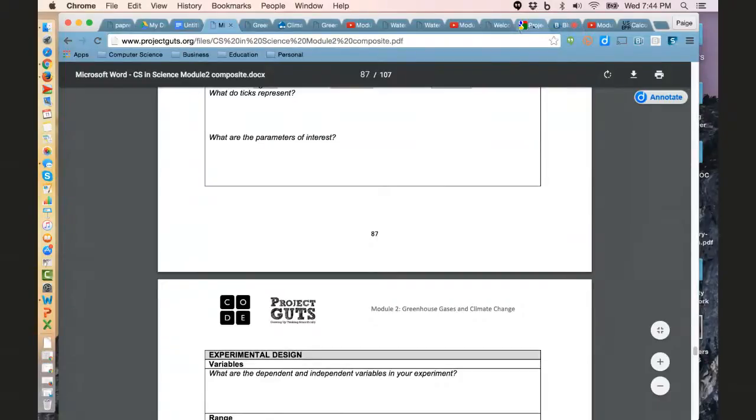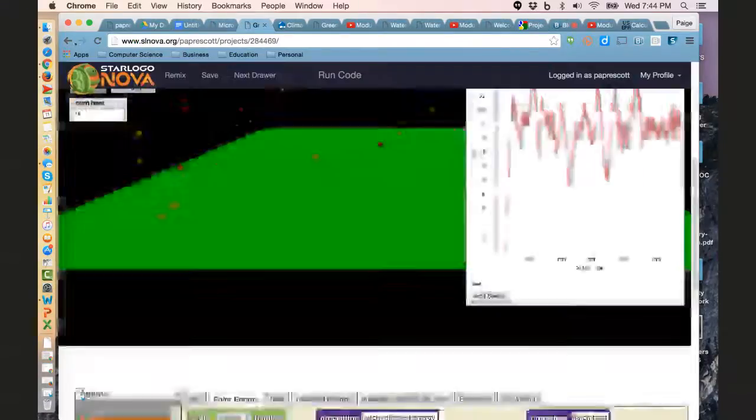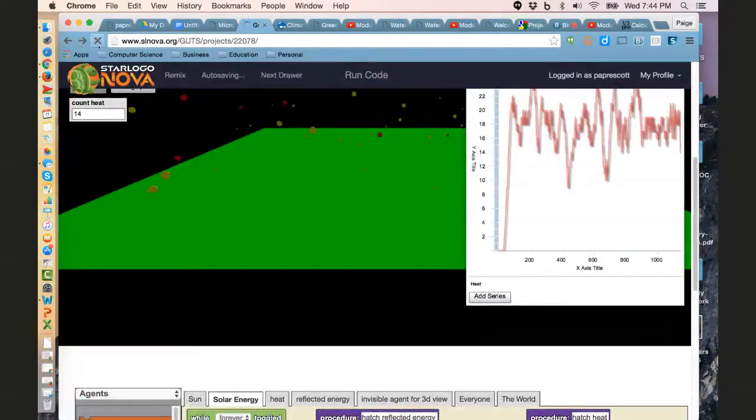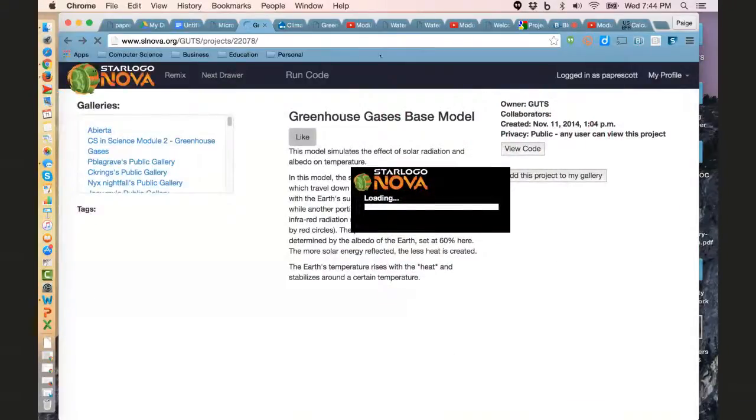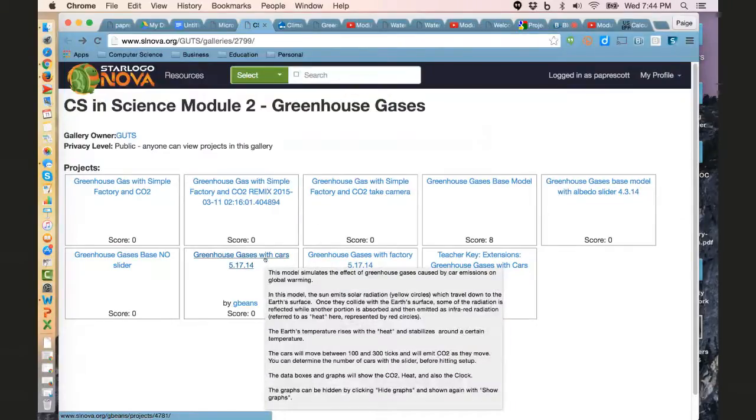But again, these are choices for you all to explore in our curriculum. And oh, there are some customizations. Let me go through that. Let's see. Going back to our gallery of the greenhouse gases, there are some cars that are moving.